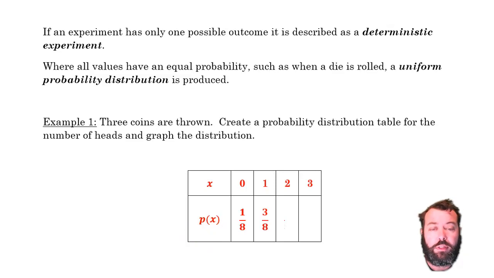But you would find that the probability of that occurring is 3 in 8. Equally, for 2 heads, and then for all 3 heads will be 1/8 again. Remember, we can add these probabilities up, and we should get 1. And we do in this case here. So that's a good check that we haven't made a mistake with calculating one of the probabilities.